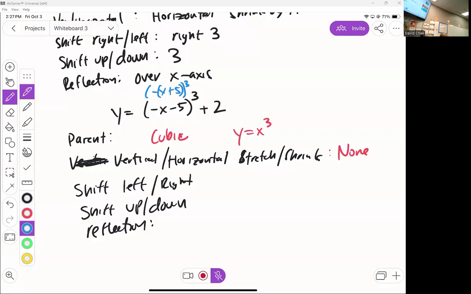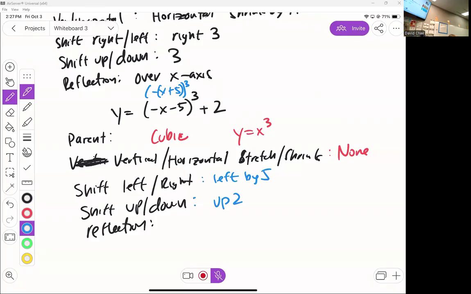So again, don't shoot the messenger. I'm just the messenger here. Please, it's frustrating. I know these little things pop up, but you always have to factor out the leading coefficient if it's not 1. So it is shift left by 5, up 2, and reflection over the... I think it's y.